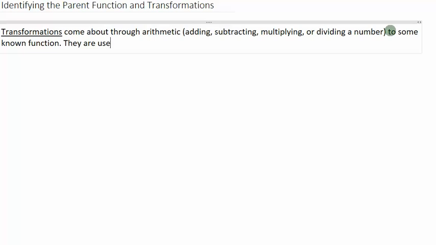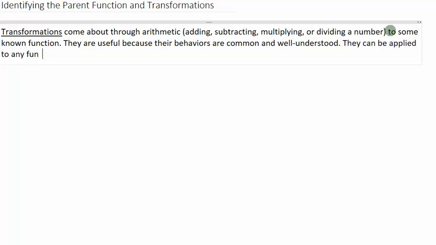They are useful because their behaviors are common and well understood. Okay, and they can be applied to any function. The function we apply transformations to, we will call parent functions.